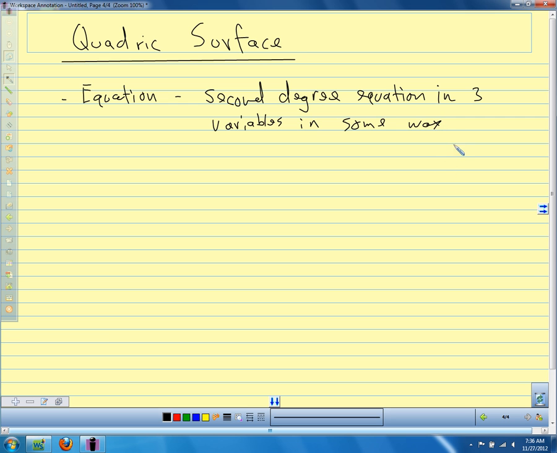So our x, y, and z, our equation is going to be a second degree equation, and depending on the form of the equation is what's going to determine what our surface looks like.